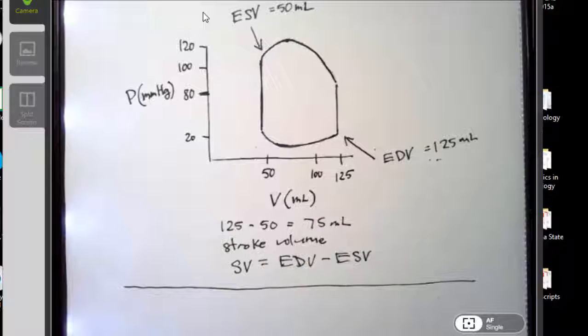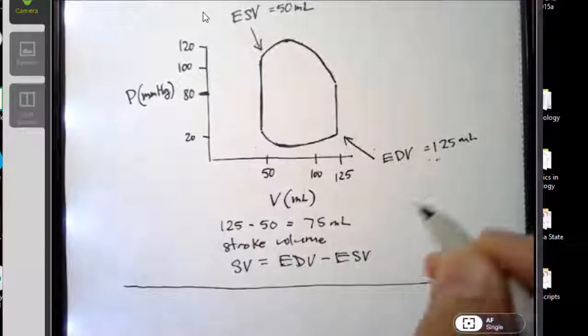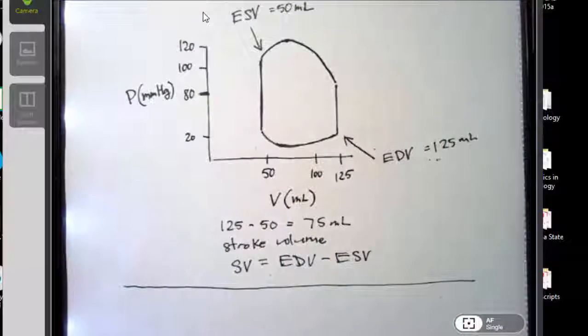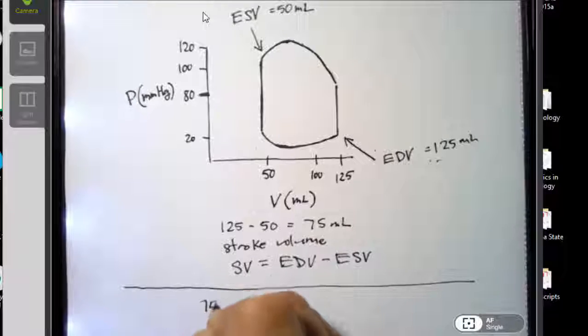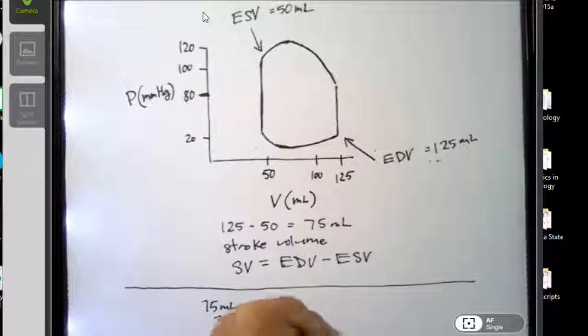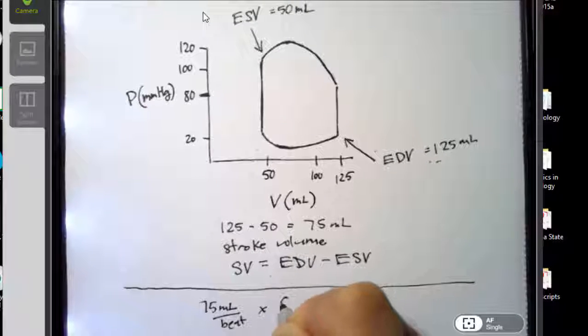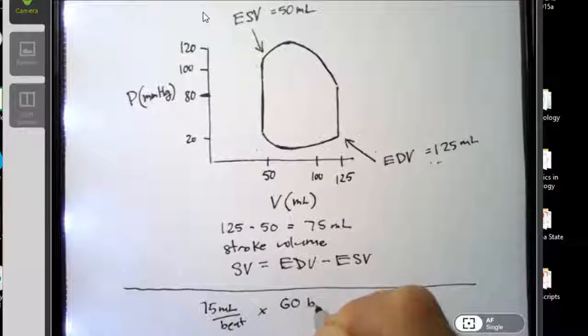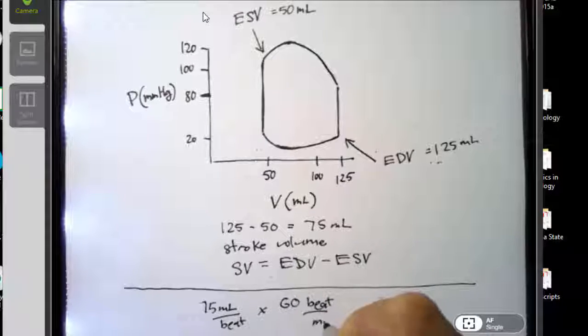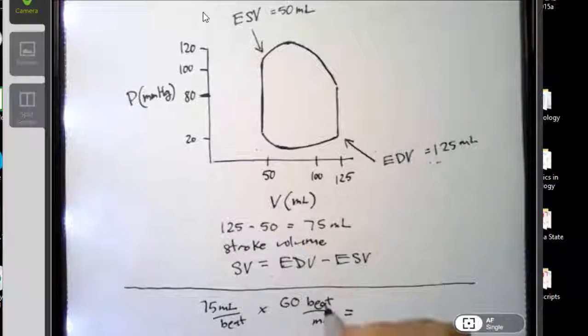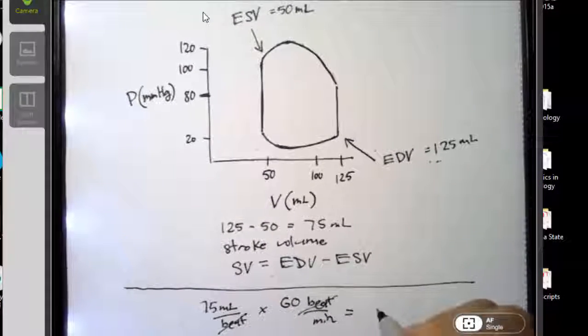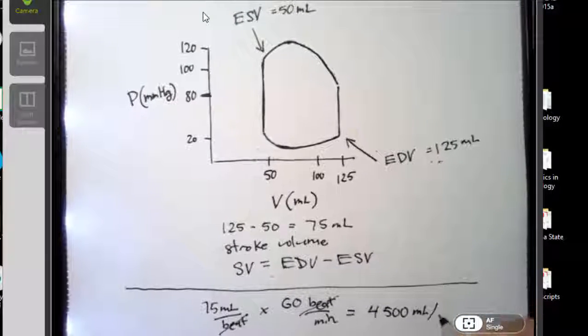So we have per stroke, which is 1 beat of the heart, 75 milliliters per beat. And we have 60 beats per minute. You notice that the beats cancel out, and when you multiply these out, you have 4,500 milliliters per minute.